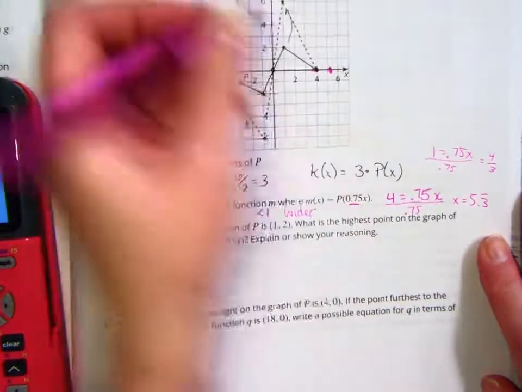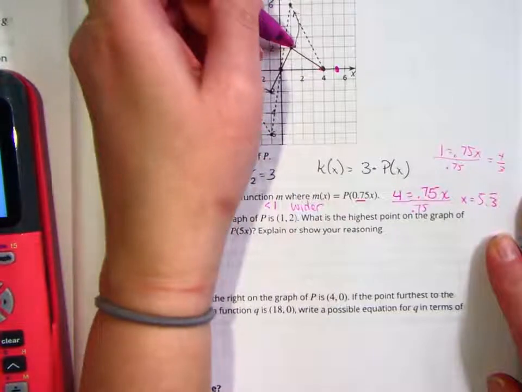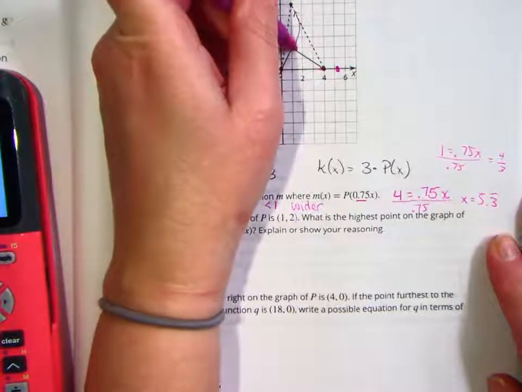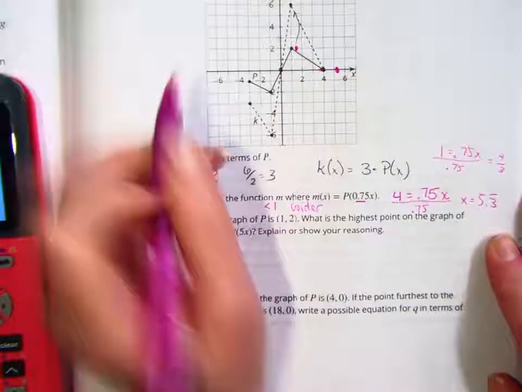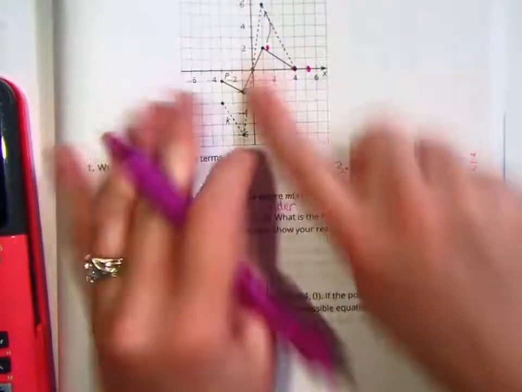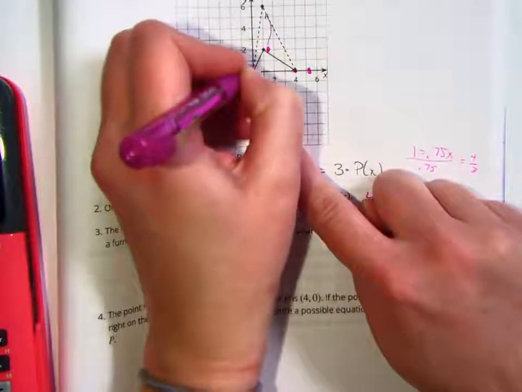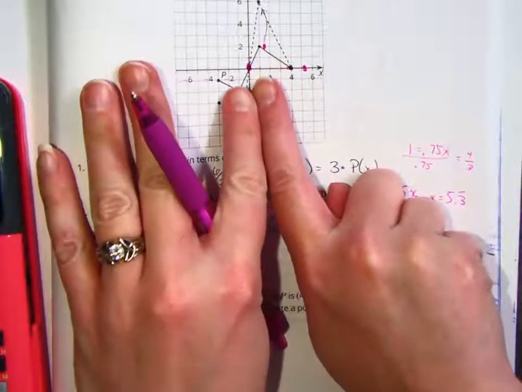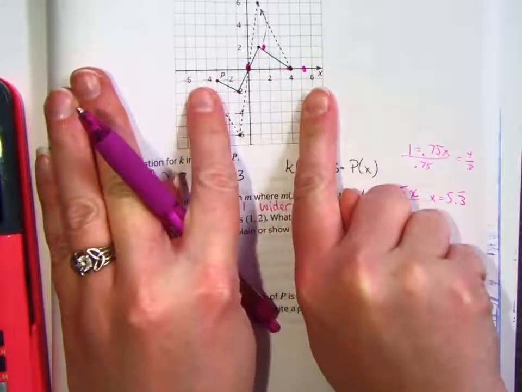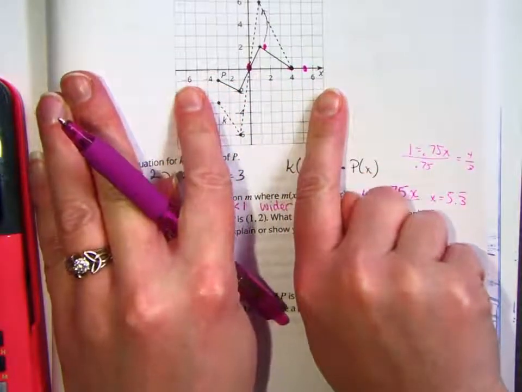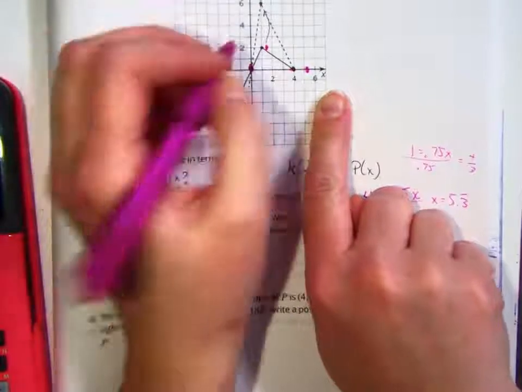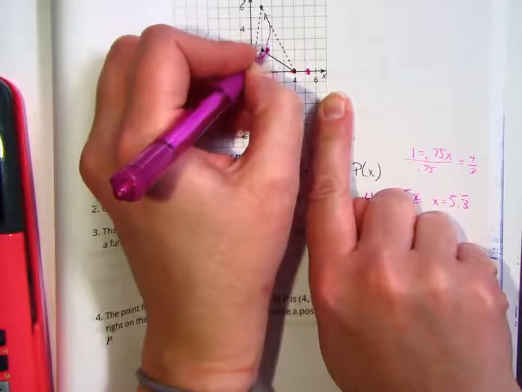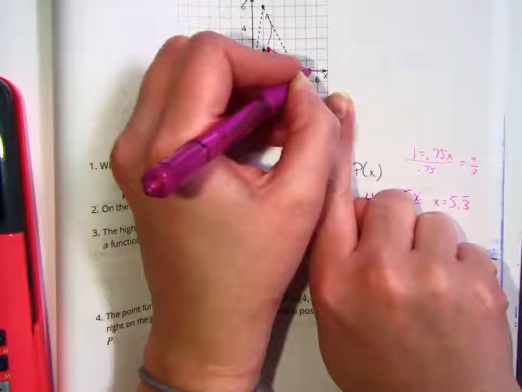So what was happening here is now happening over here at 1 and 1/3. Everything at the y-axis is locked in. Everything is stretching a little bit farther away from the y-axis. So our new graph is going to look like this.